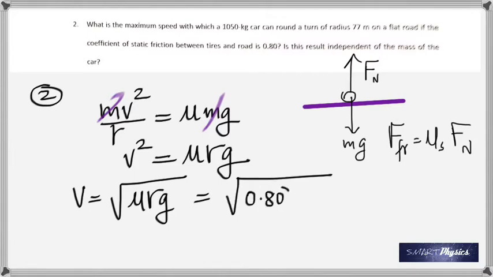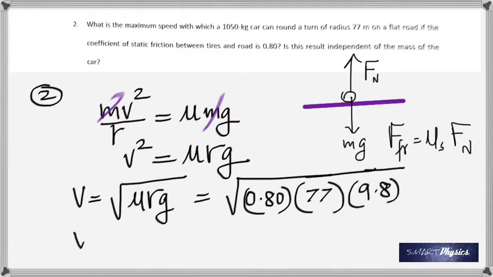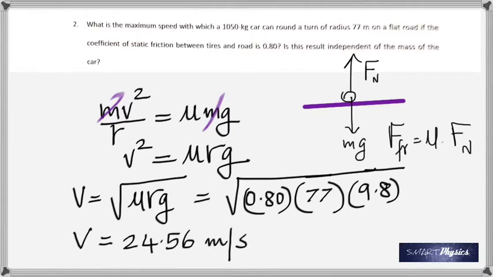And 0.80, radius is 77 meters and g is 9.8. When you substitute all that, you get 24.56 meter per second. Is this result independent of the mass of the car? Of course it is, because in the formula for velocity you do not have the term for mass. That is why it's independent of the mass.